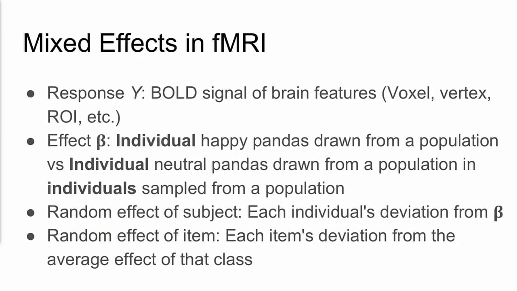So here we've got lots of levels of sampling. We've got individual happy pandas drawn from a population, neutral pandas drawn from a population, and subjects drawn from a population. Now if you're with me that drawing subjects from a population is a random effect and variance that you have to account for, then you also have to admit that the item-level effects, the process of sampling those pictures from those two classes, is also something that you need to account for.